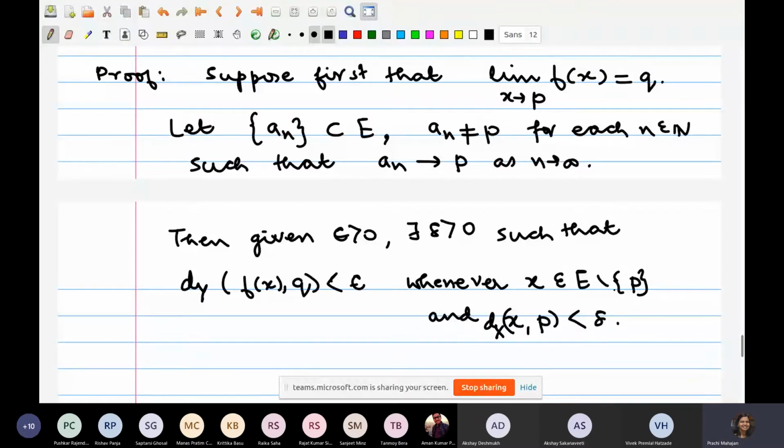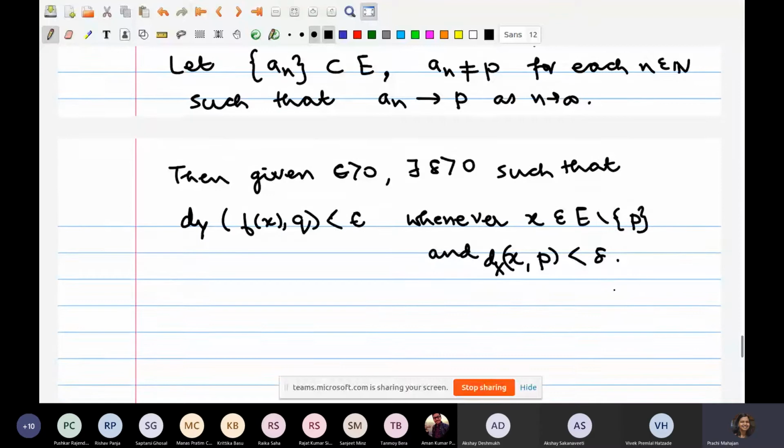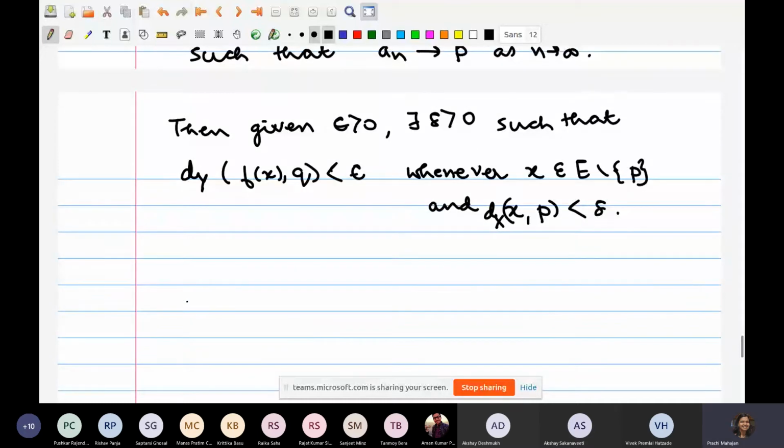Okay. But let's also note the following, that we are also given that the sequence an converges to the point P. Let me draw a picture again for the benefit, just makes things a little more clear. So I have a set E here. I have a function. I have a point Q. I am looking at epsilon neighborhood of the point Q, which is this shaded region.